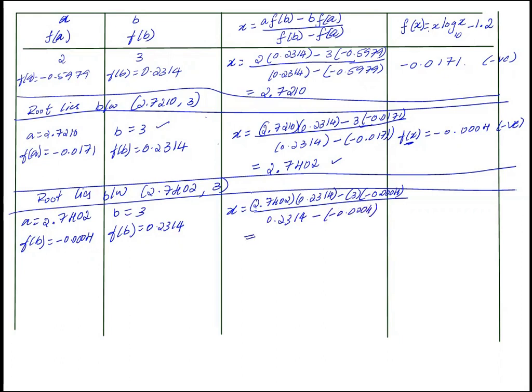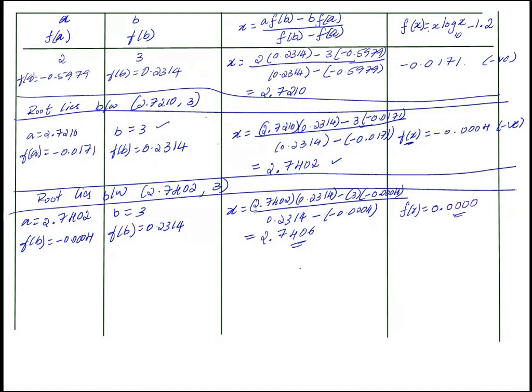So use the calculator and you will get the answer as 2.7406. Next calculate f of x, that is x into log x, that is 2.7406 into log, that is the log button in your calculator, x is 2.7406 minus 1.2. That value will be 0, that is 0.0000 to 4 decimal places.